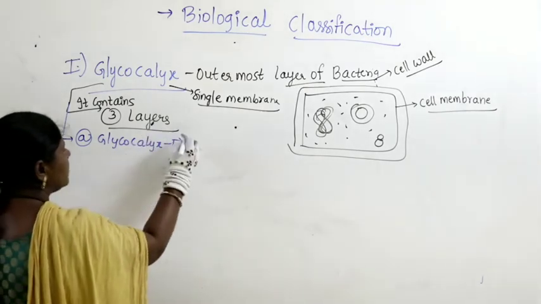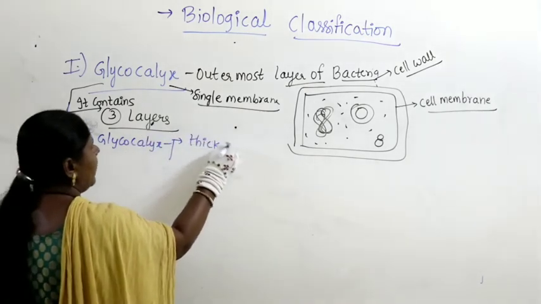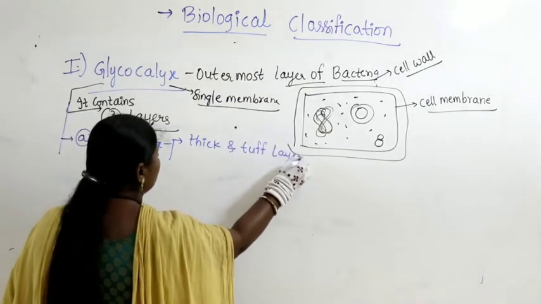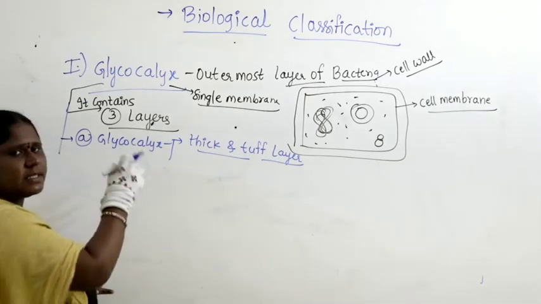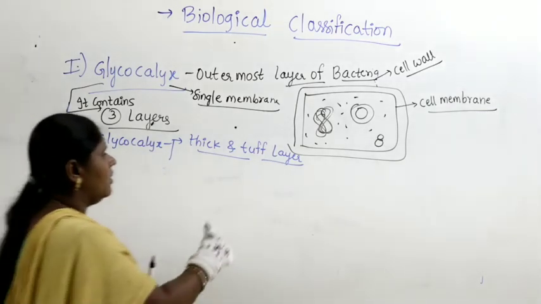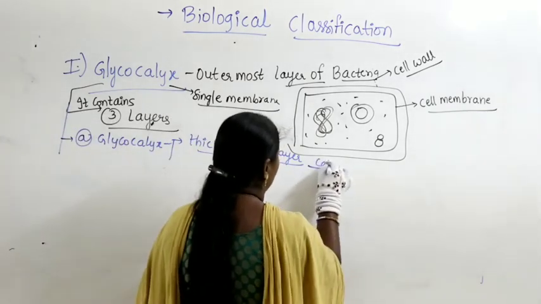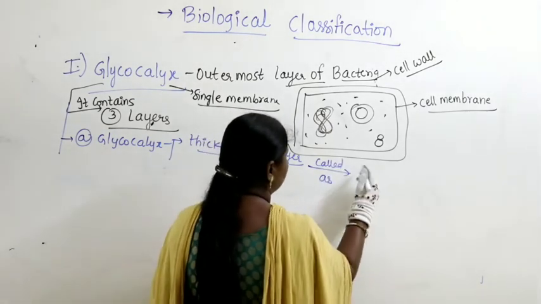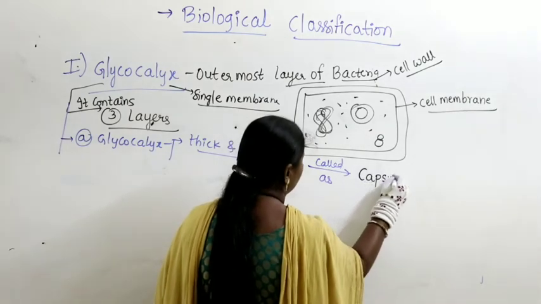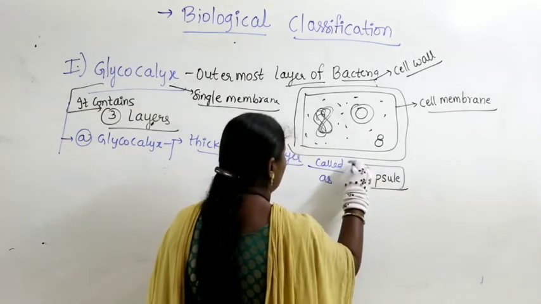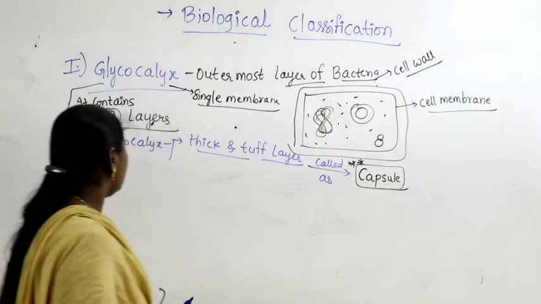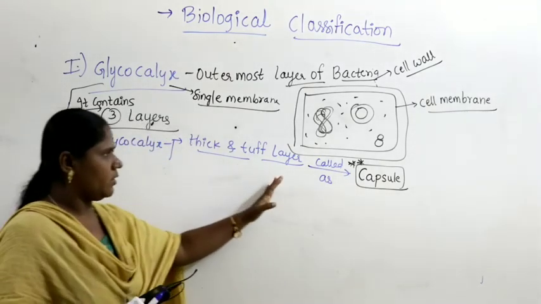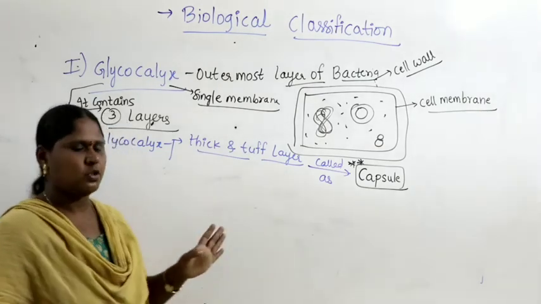This Glycocalyx may be a thick and very tough layer. If the Glycocalyx exists as a thick and tough layer, it's called a capsule.